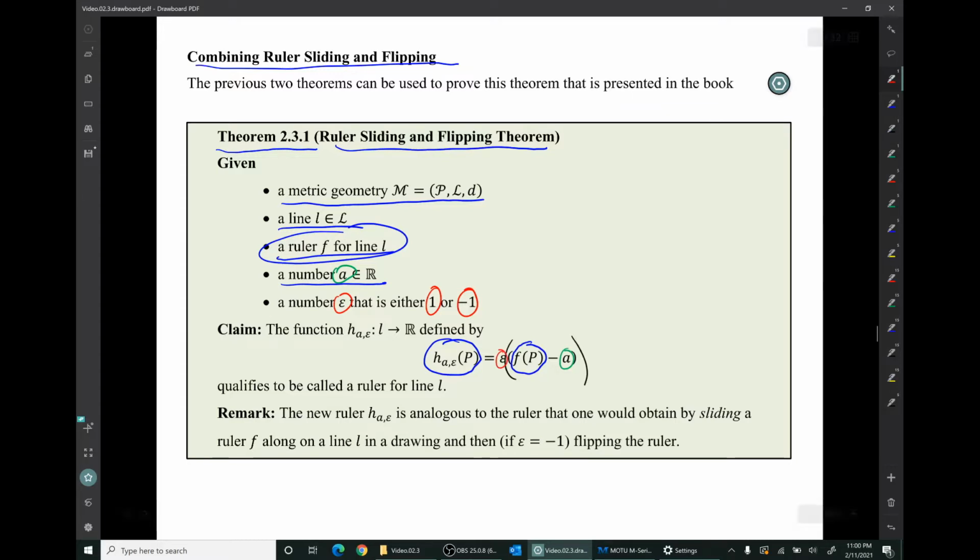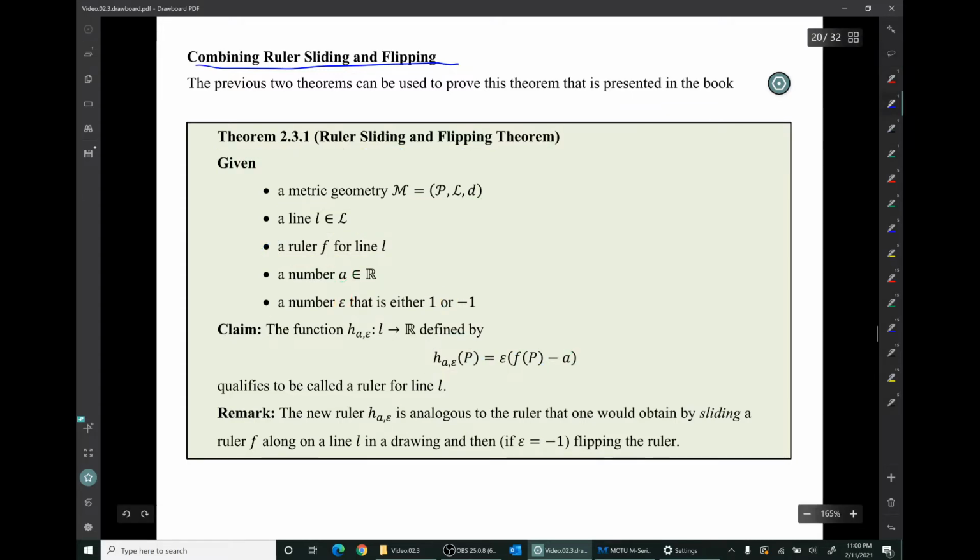So just some arithmetic steps. So the claim is this wacky function that's defined this way qualifies to be called a ruler for that line L. Now, a remark about this new ruler that we've defined: it is analogous to the ruler that you would obtain by sliding a ruler along a line in a drawing and then flipping the ruler, flipping it if epsilon equals -1.